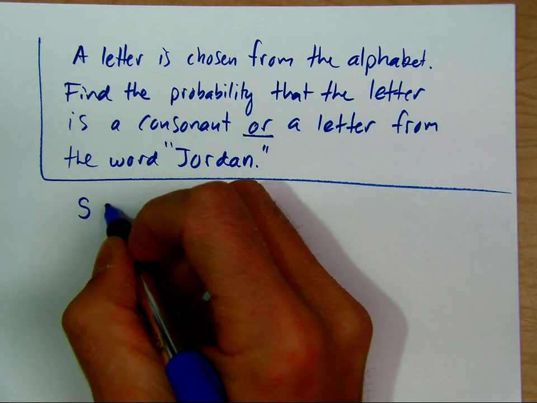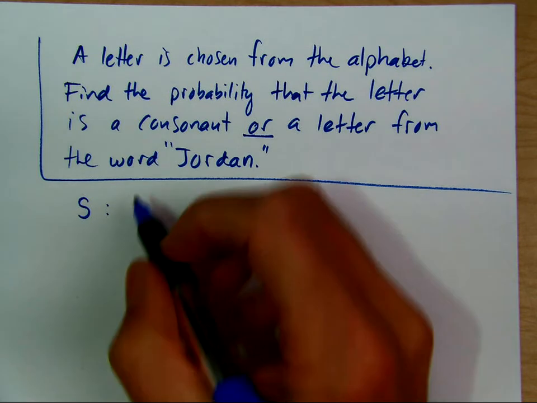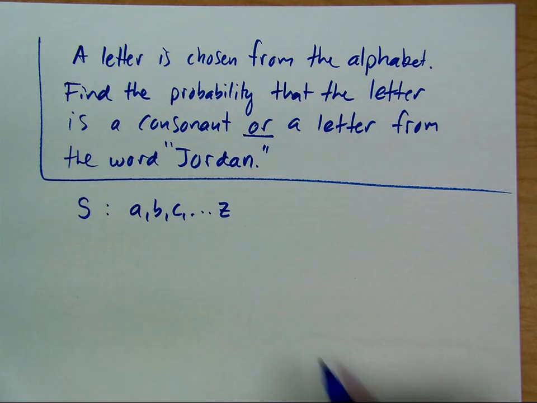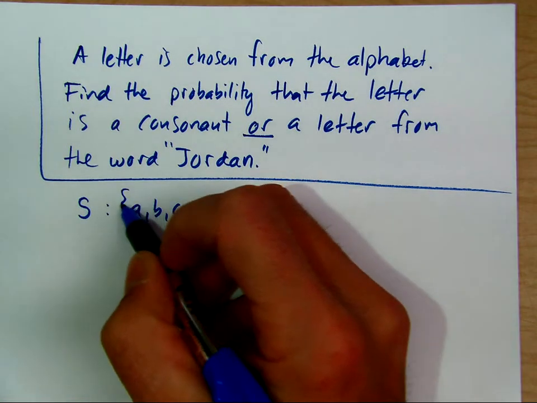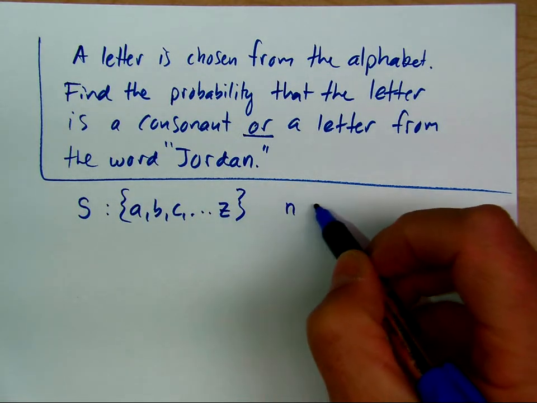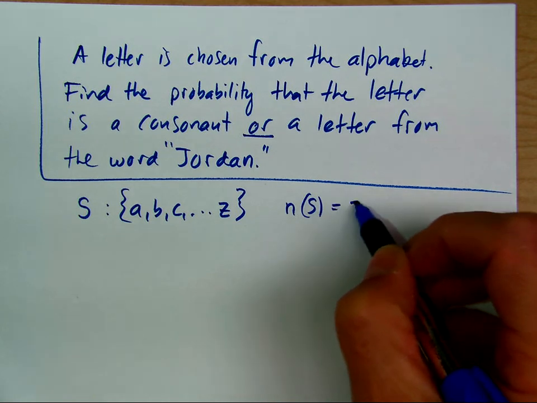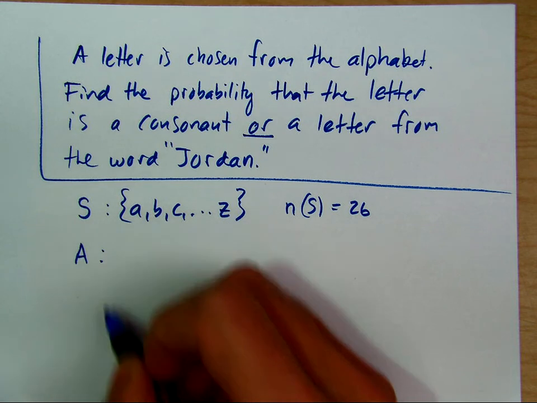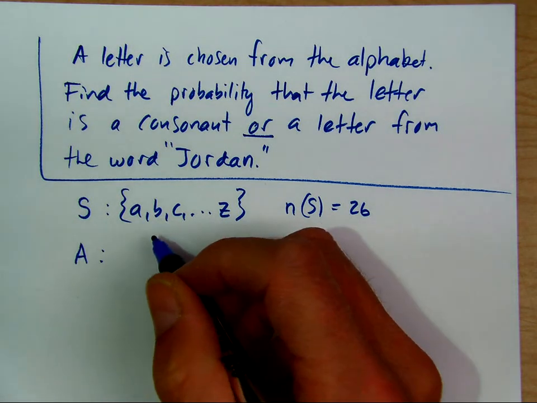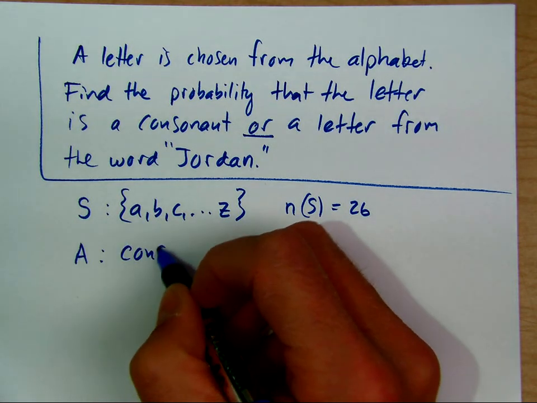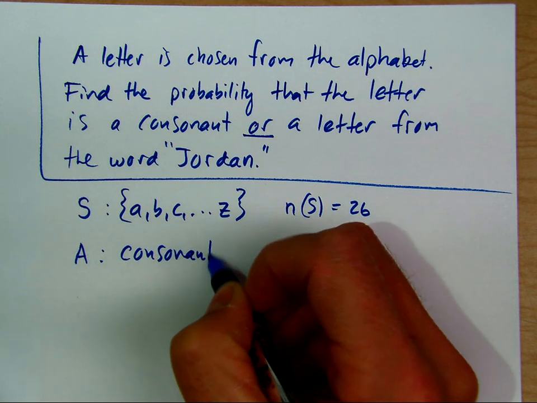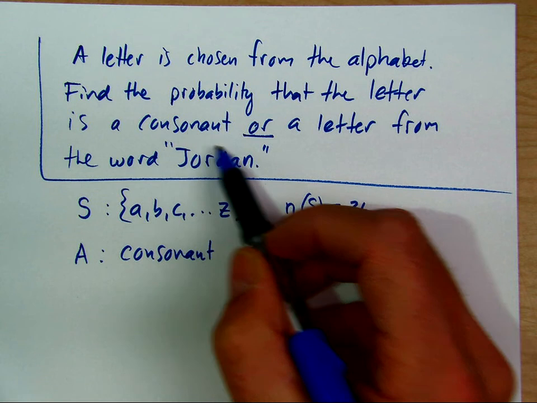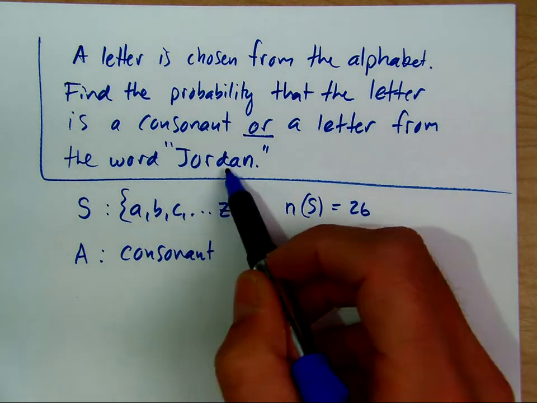So the sample space is all the letters in the alphabet, A, B, C. The number in the sample space is 26. Let's say event A is selecting a consonant. So we have the event of selecting a consonant, or a letter from this word, Jordan.